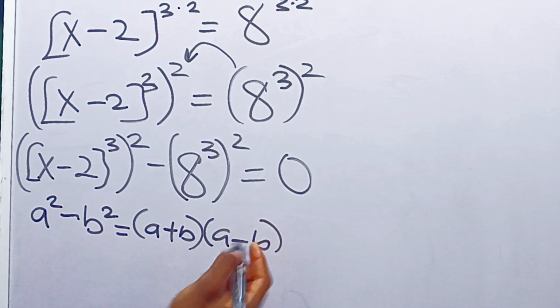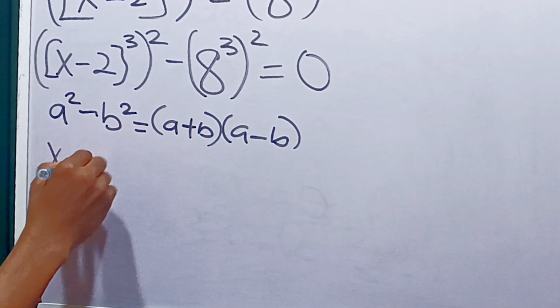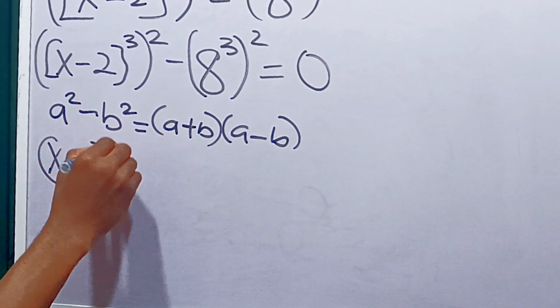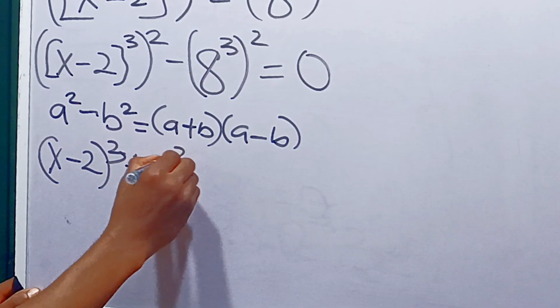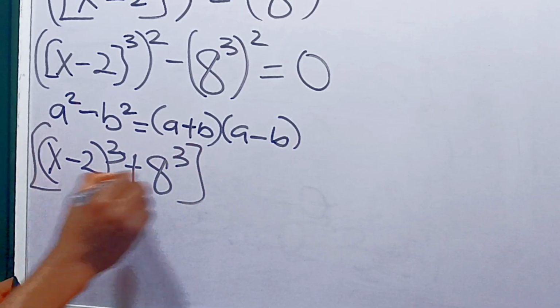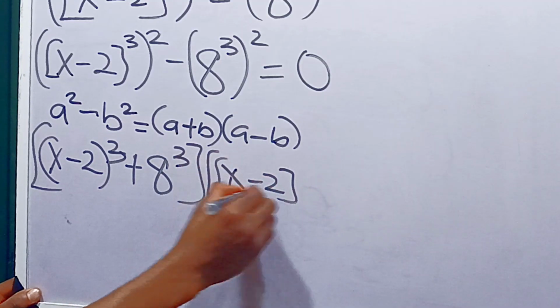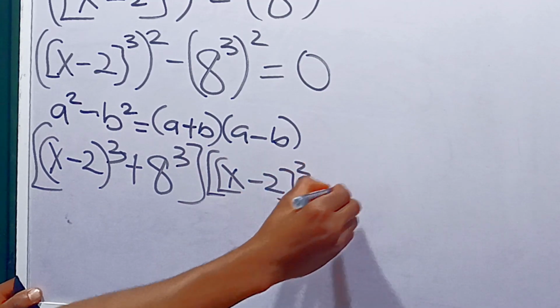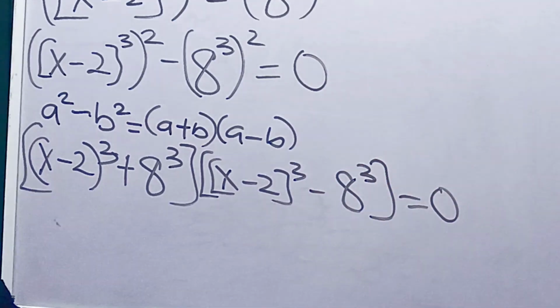Applying this law here, this becomes ((x − 2)^3 + 8^3) multiplied by ((x − 2)^3 − 8^3) to be equal to 0.